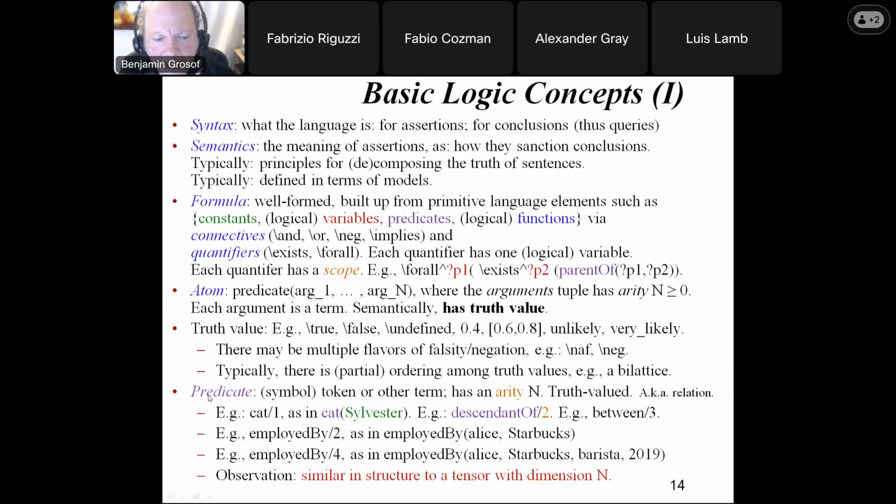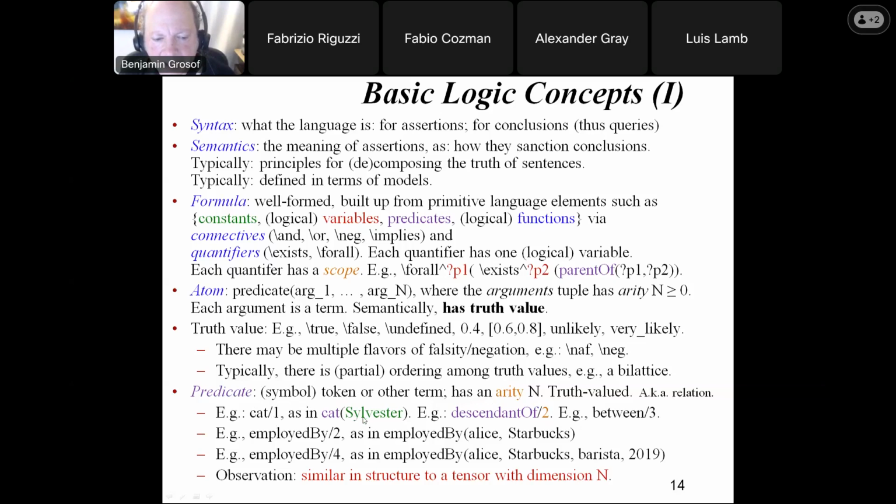A predicate is a symbol token or, more generally, a term, and also has an arity, n. It's also known as a relation. We think of the predicate not only as the token, the name, but also the arity. That combination is what specifies a predicate precisely.